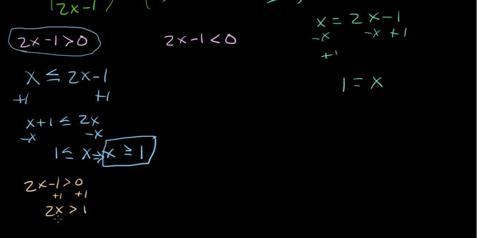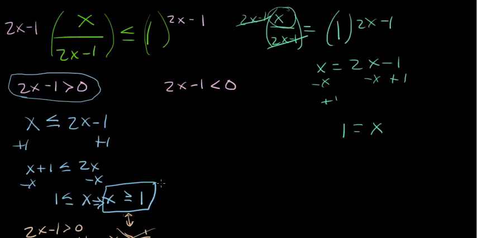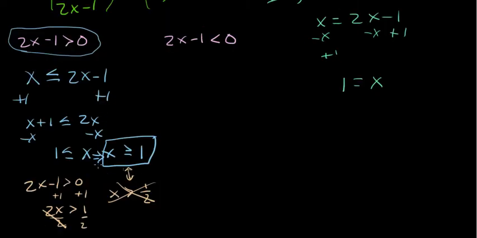And divide by 2. So x has to be greater than 1/2 also. So it has to meet both of these conditions. Since everything that's greater than or equal to 1 is also going to be greater than 1/2, I don't have to worry about that right now. But I probably will have to worry about that in the next one. So we can't just skip this and say don't worry about that.